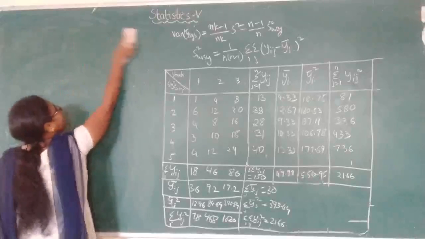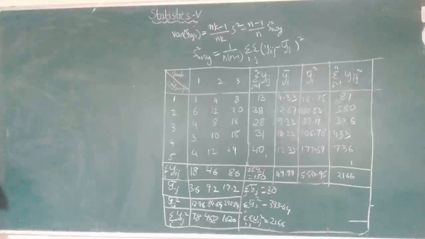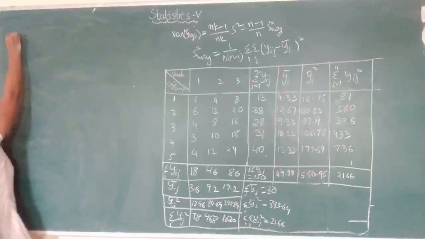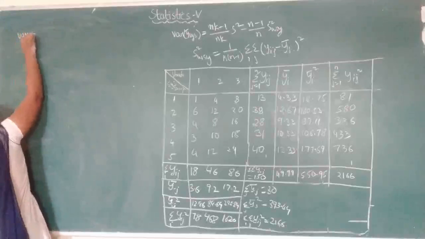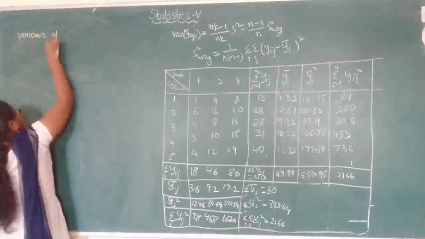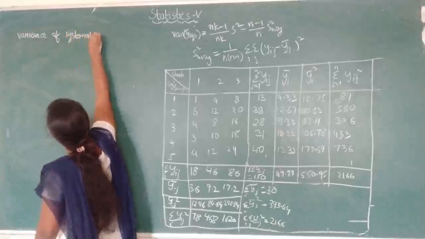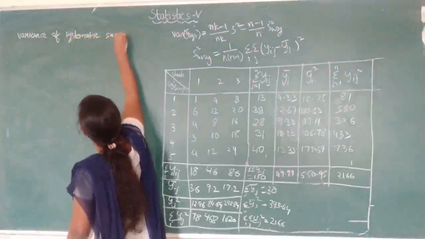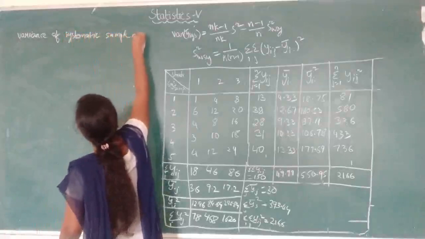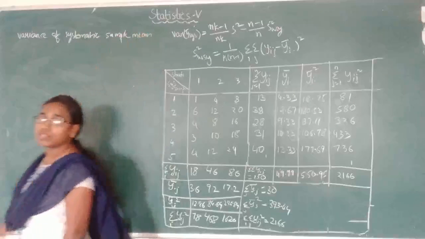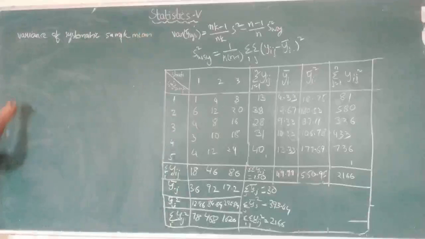Now we will calculate the variance for the systematic sample mean. So coming to the variance of the systematic sample mean, what is the formula?